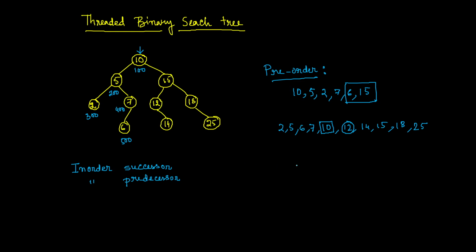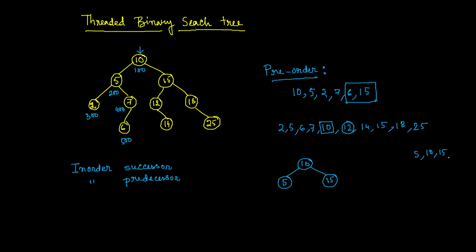For example, let's take a very small tree. Only this part, consider 10, 5, and 15. If this was the tree, its in-order traversal is 5, 10, 15.